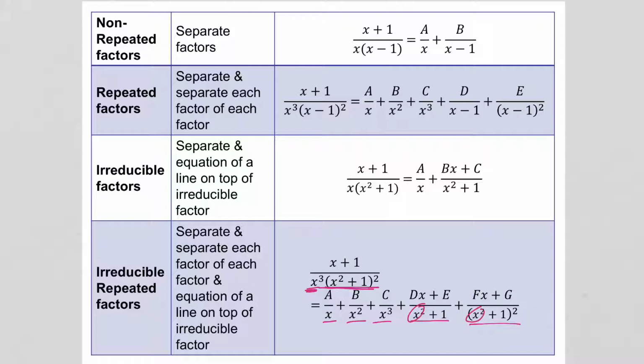And because of these x squared plus 1s down here, then we have two unknowns on top, dx plus e and fx plus g. Hopefully you won't end up with any quite that big, but that's for sake of example. And that now concludes our section on partial fraction decomposition.